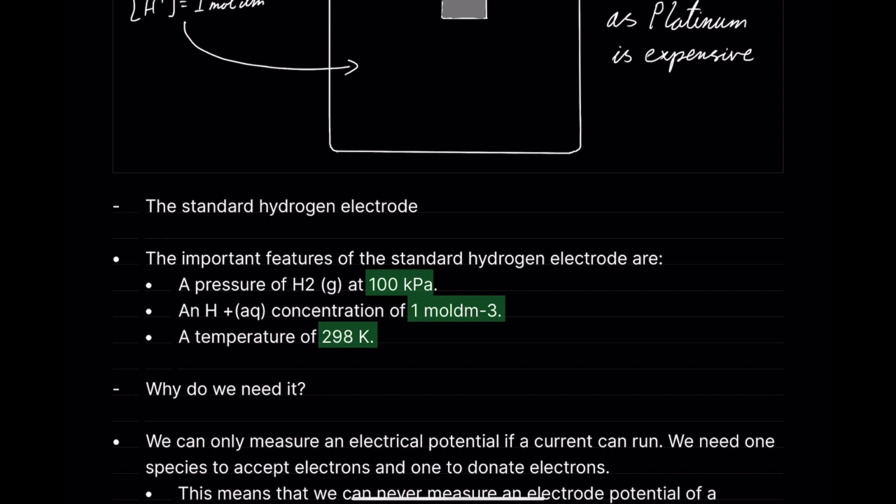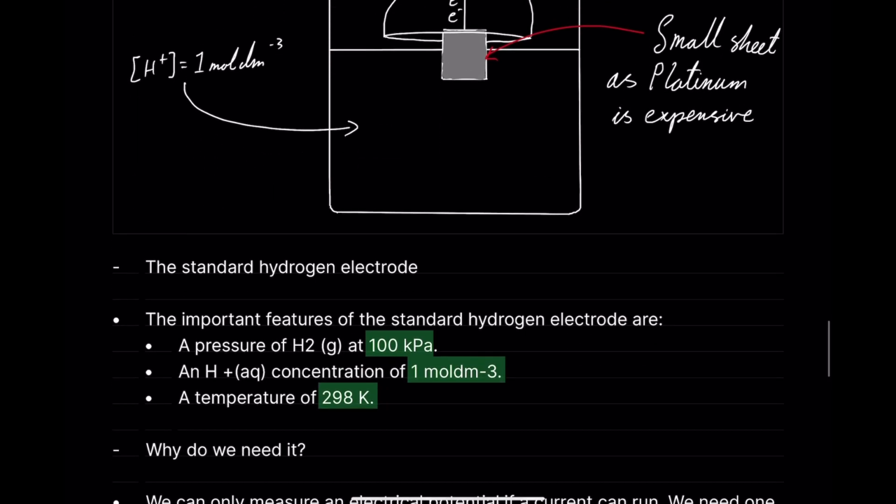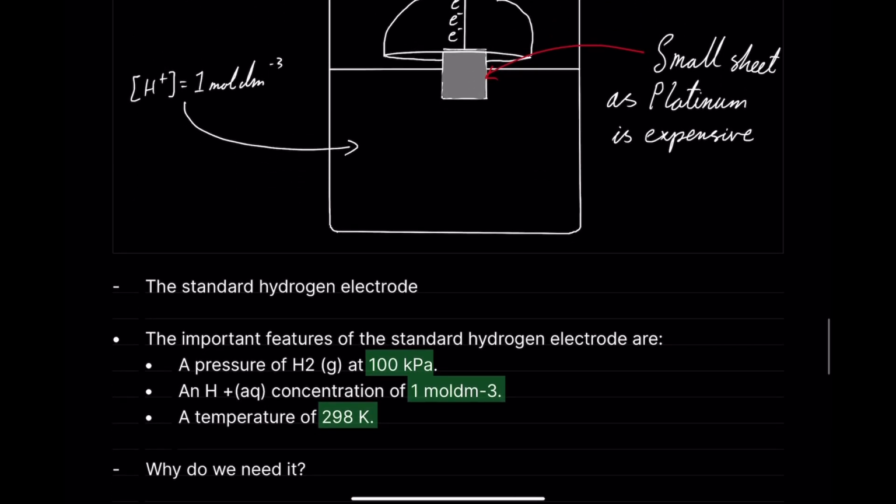The 298 Kelvin one is the one everyone would probably accept to be standard. But what people don't realize is that the 1 mole per dm cubed of acid is specifically 1 mole per dm cubed of H plus concentration.